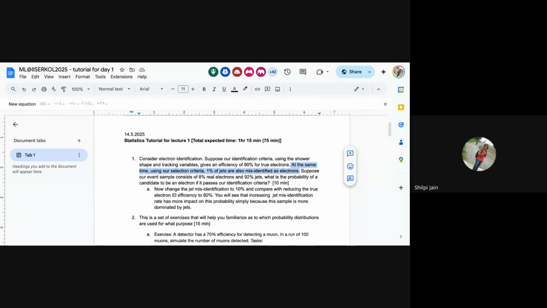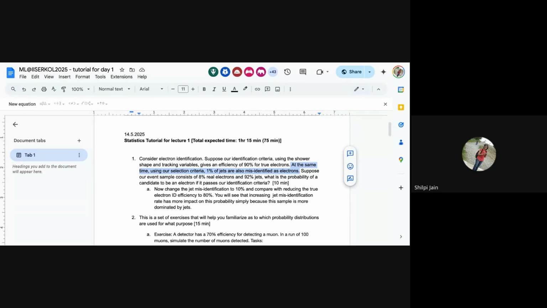So, how would you estimate that? Can someone tell me? This might be a straightforward exercise for most of you. Through Bayes' theorem, we can approach this. We already know that the electron identification criteria have been passed.